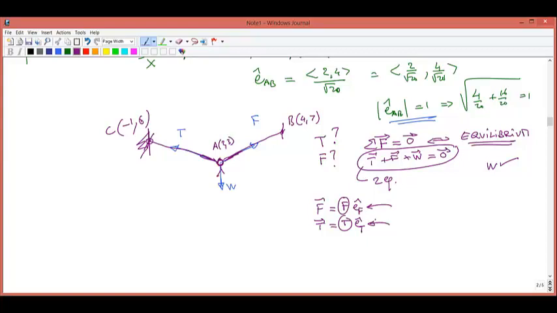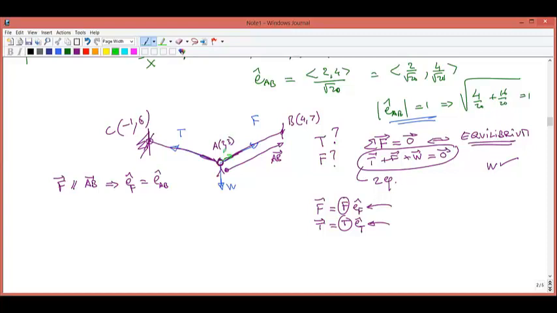So what do we observe? We observe that the position vector AB is parallel to the force F, since F is the tension along that rope. If F is parallel to AB, then naturally they share the same unit vector, because both of them have a unit vector in the same direction.